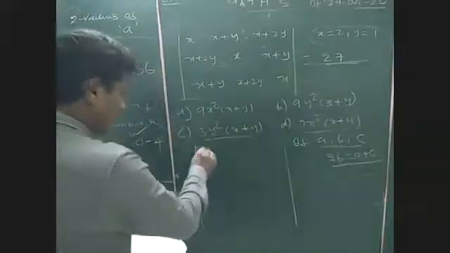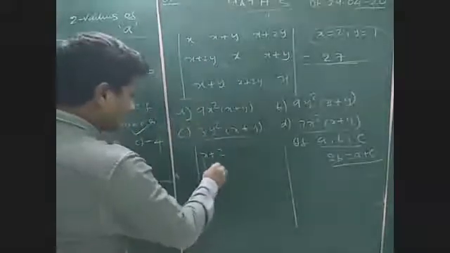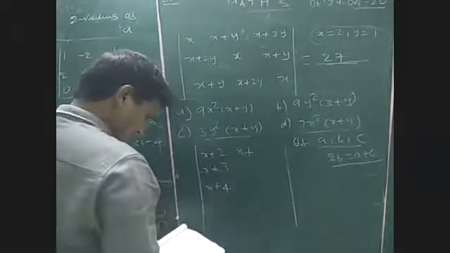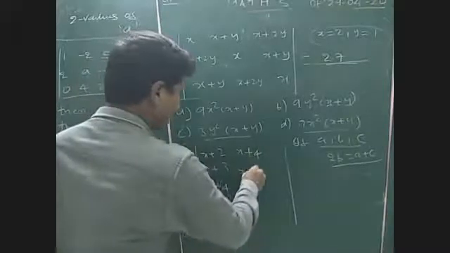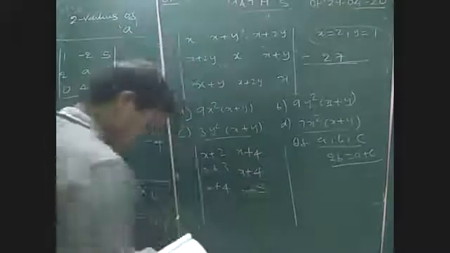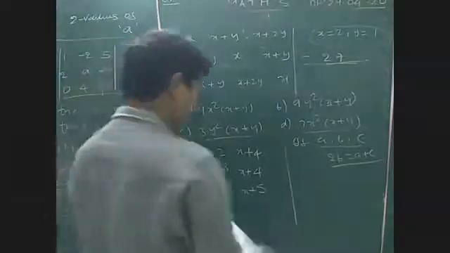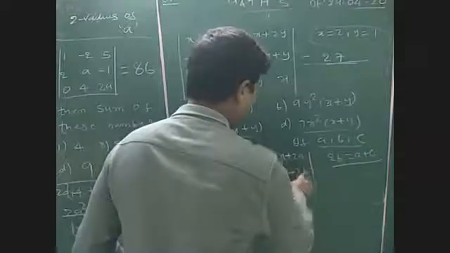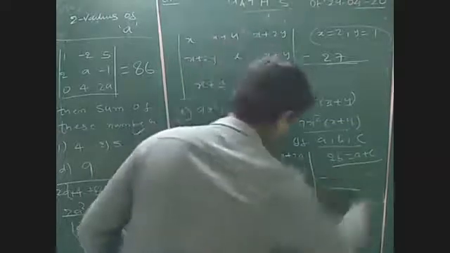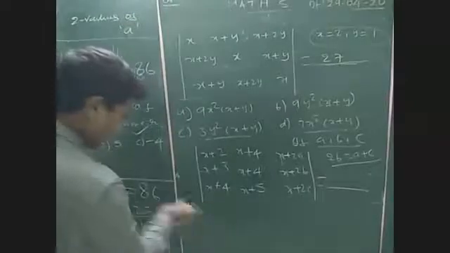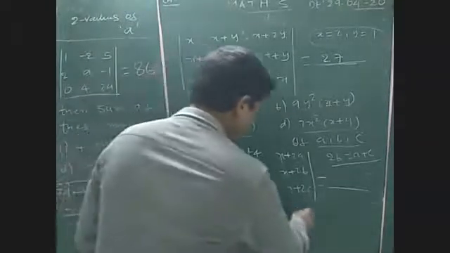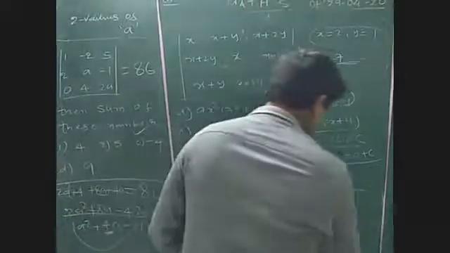Then what is the determinant value of x plus 2, x plus 3, x plus 4; x plus 4, x plus 4, x plus 5; and x plus 2a, x plus 2b, x plus 2c? Option A is 0, B is 1, C is x, D is 2x.